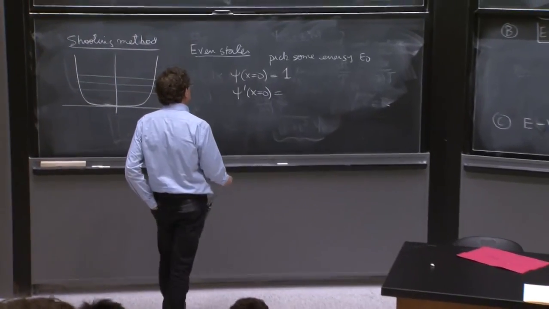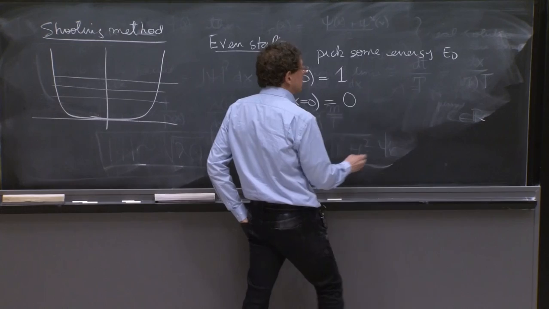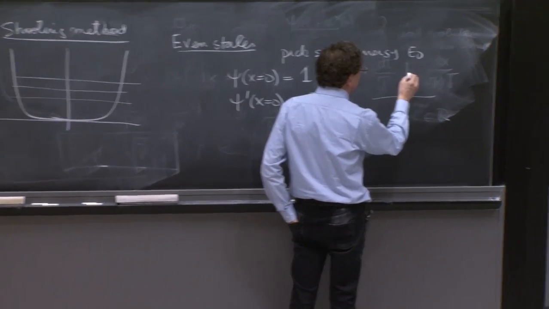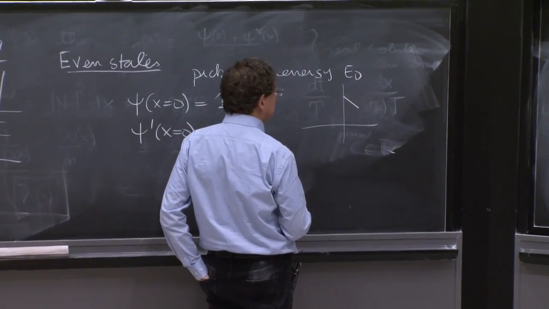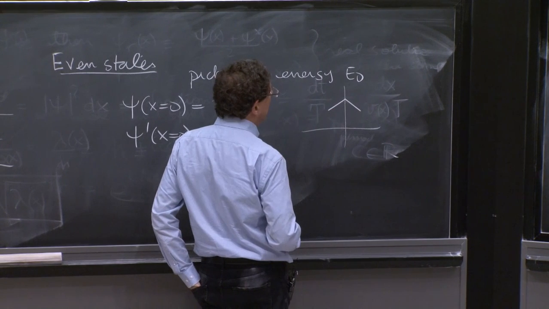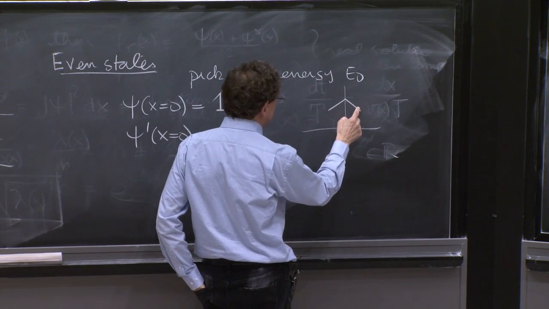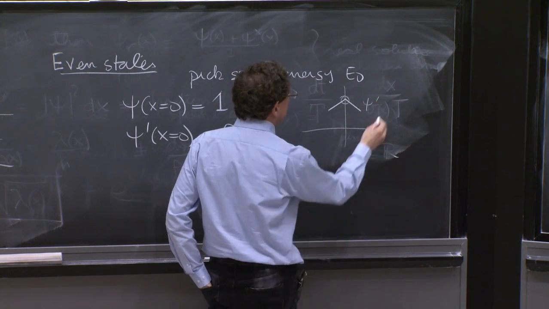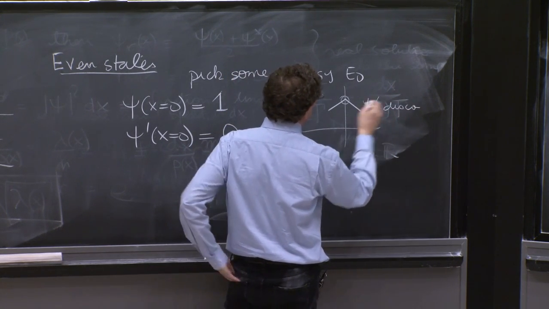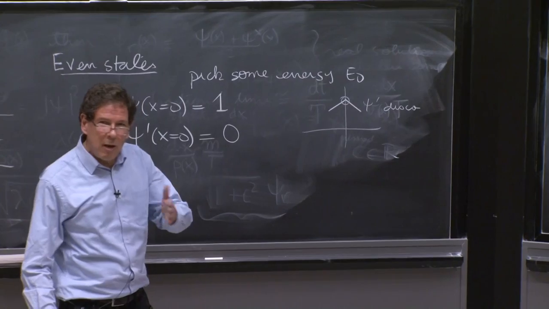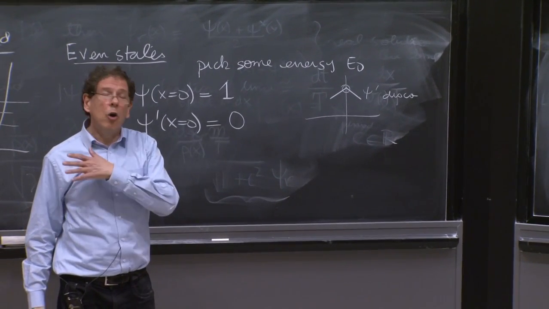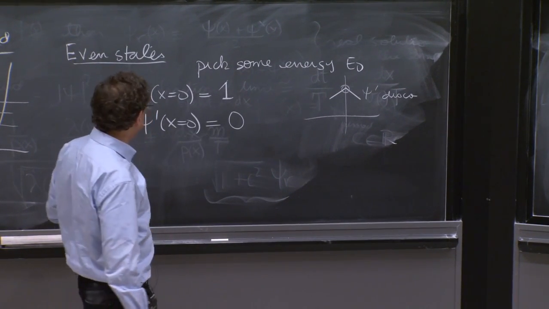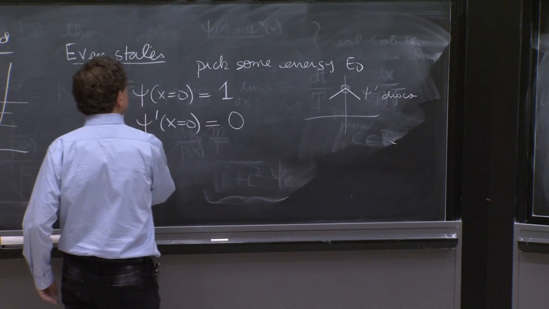We must put indeed 0, because if you had a wave function whose derivative is not 0 and it's an even wave function, it would look like this. And there would be a discontinuity in psi prime, and that's not possible unless you have a hard wall or you have a delta function. So you must put this.